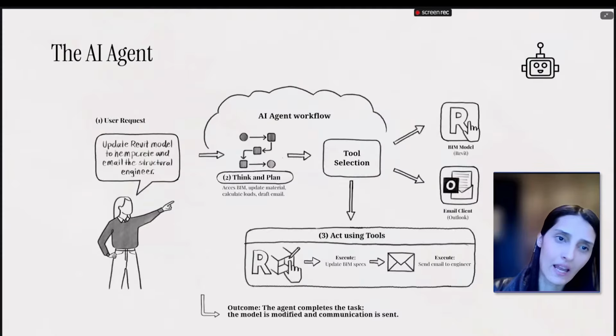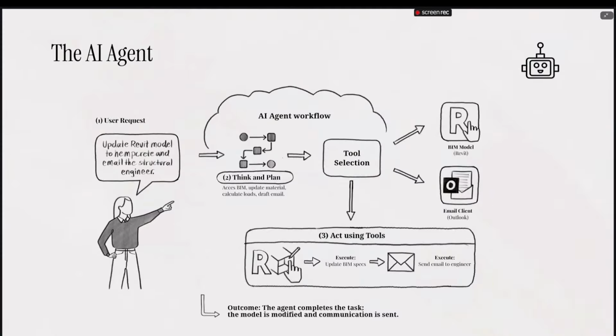When we go to an AI agent, it's the moment that you take the decision and you say, okay, as a user, I want you to update the Revit model to Hempcrete. So we decided to go with Hempcrete insulation, and then we're changing that in Revit and we're emailing the structural engineer. So the agent would think of the plan after getting the instructions from you, and then it would select the tools.